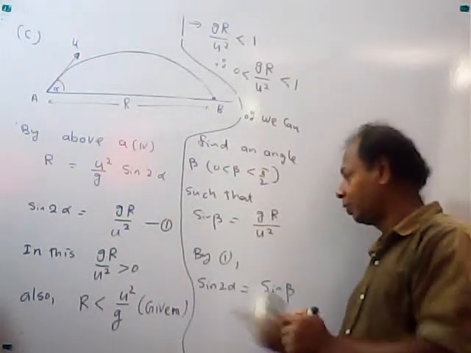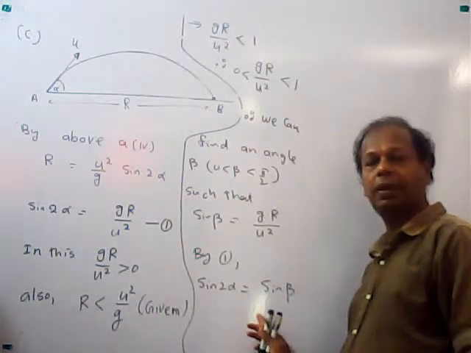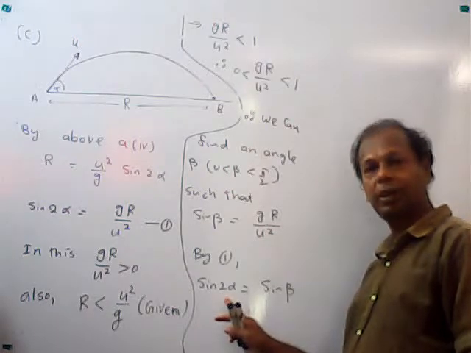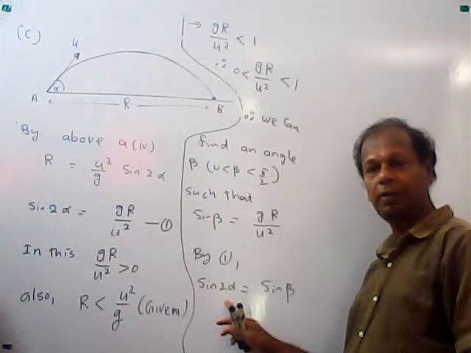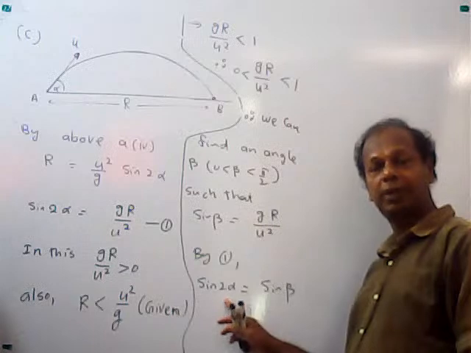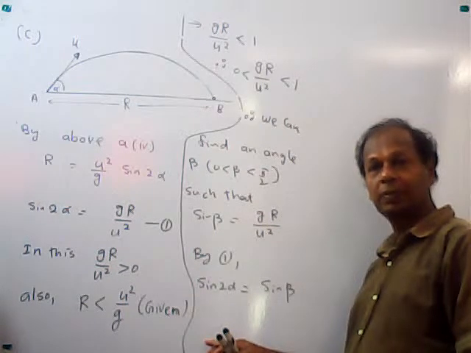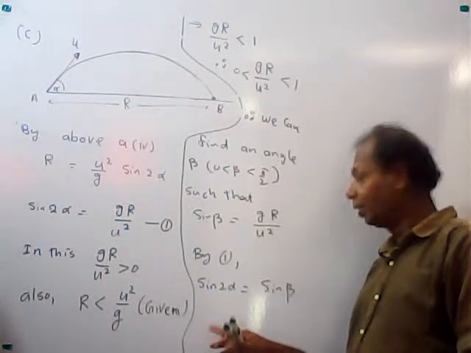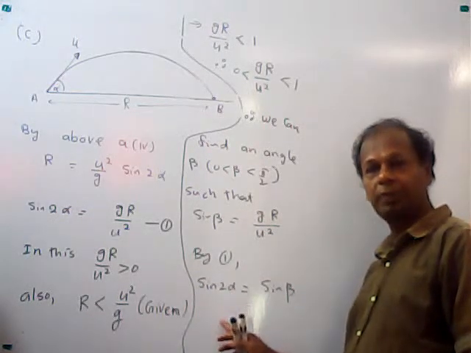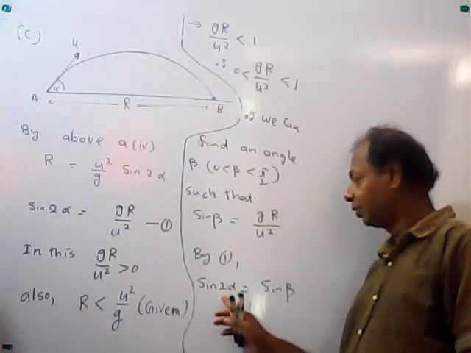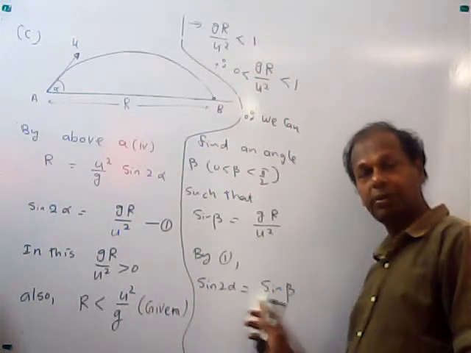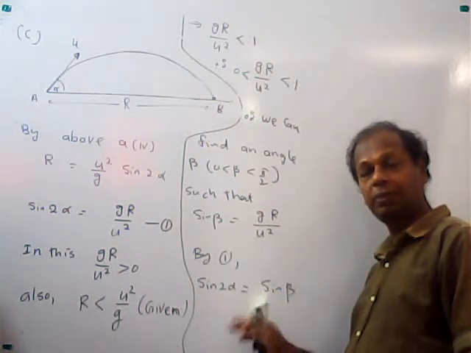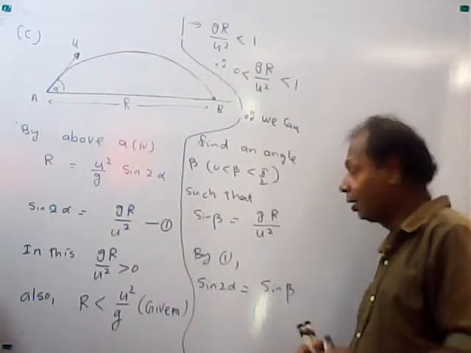If you write sine 2 alpha equals sine beta, and you are asked to find possible values of alpha, in pure maths we write the general solution of this, and you get an infinite number of solutions for alpha, right? Sine 2 alpha equals sine beta, a trigonometric equation. Solving this, you get an infinite number of values.